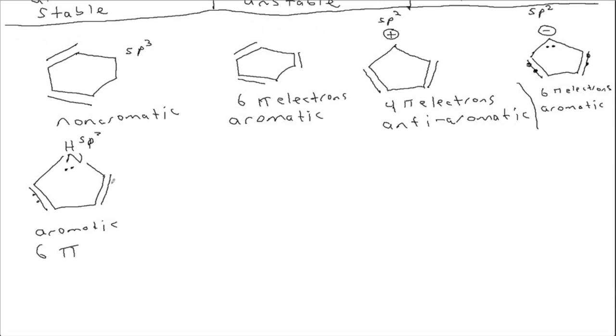So there's 1, 2, 3, 4, 5, 6 pi electrons. Excellent, we got that one right. All right, try this problem. This is also aromatic.